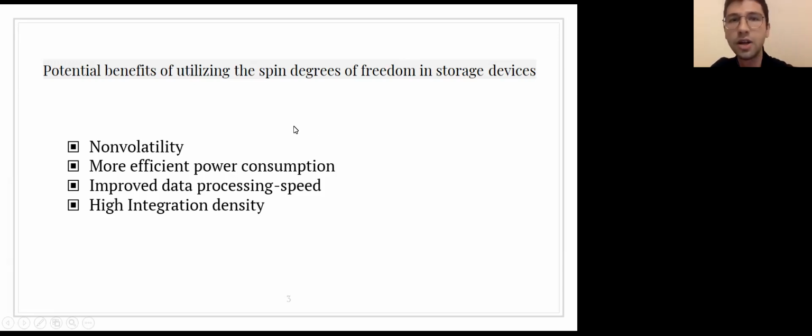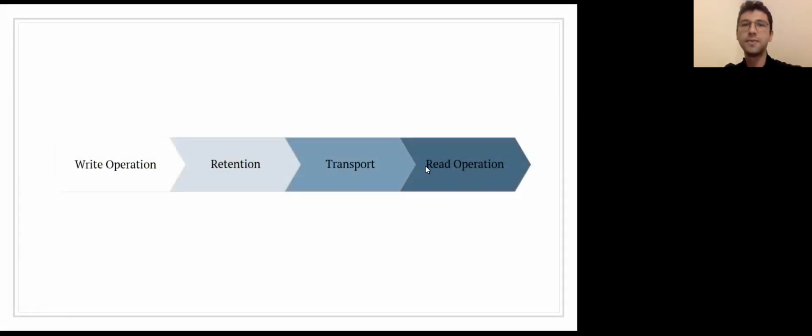So we will go briefly in the beginning, and then we will investigate deeply. Our motivation is to make storage devices, and mainly the storage devices should have 4 operations: write operation, retention, transport, and read operations.